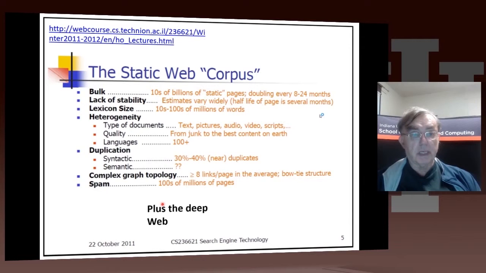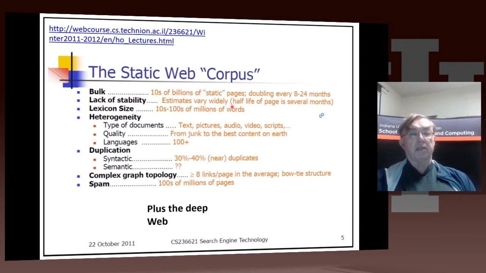So here is a little more detail on the static web. Remember, the web has these various features. It has the actual pages. It has lots of information stored in databases, which are only revealed when you query the database. That's sometimes called the deep web or the hidden web. And this changes. Here's an estimate that a page only lasts a few months.